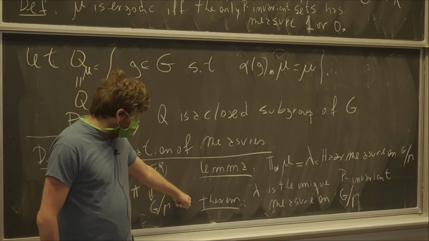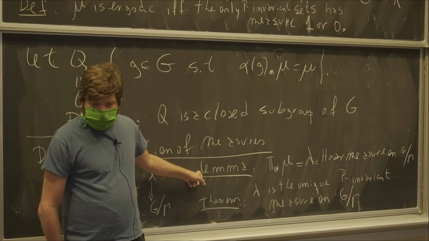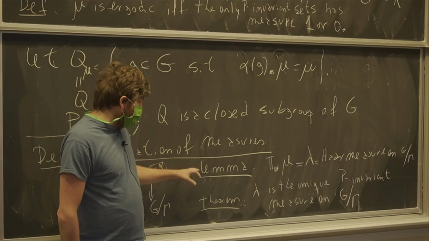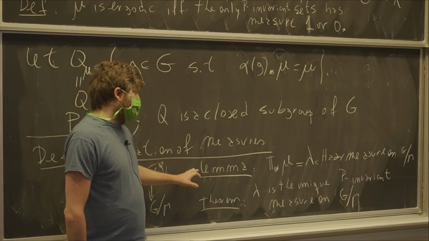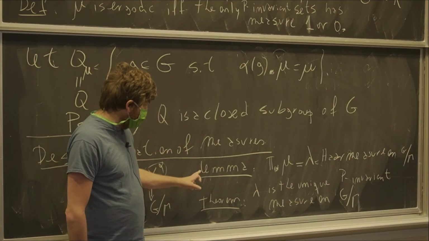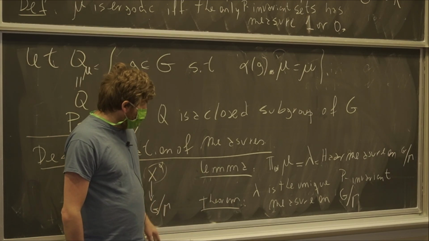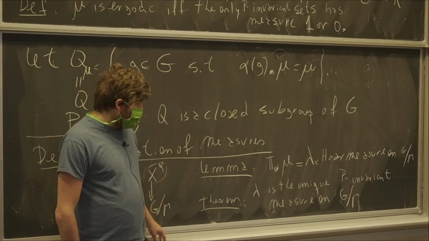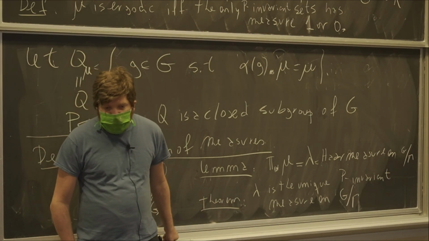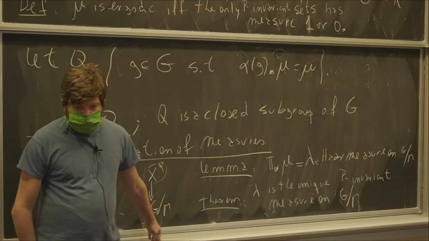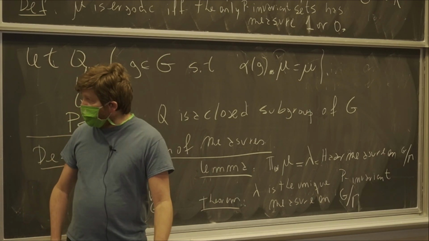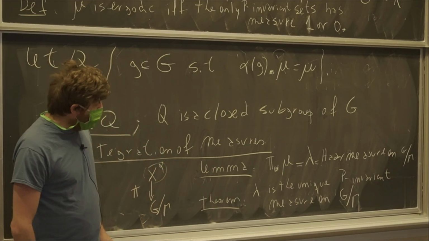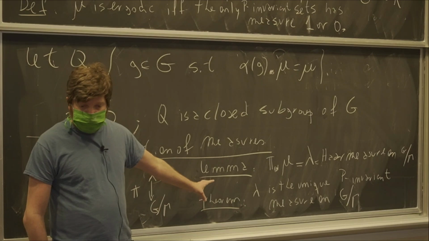So certainly the theorem implies the lemma, and actually the way we were arguing here to prove the lemma is by proving the theorem. I could argue otherwise and build the measure mu in a way that it projects to lambda directly.